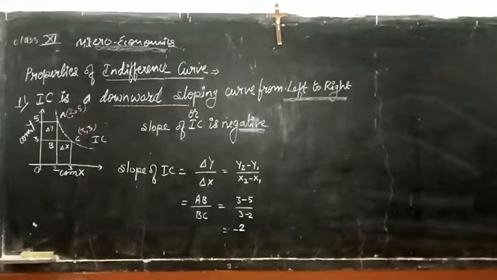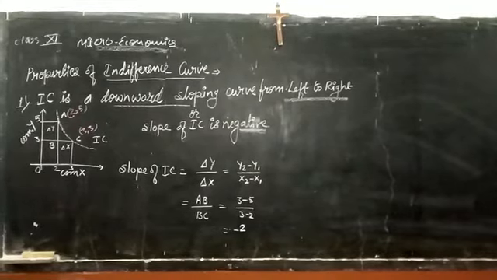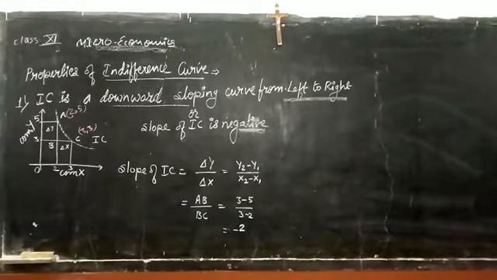So we can easily understand that the slope of the indifference curve shows that if a consumer wants to increase the consumption of X, he has to reduce the consumption of Y, because this curve shows indifferent preference. Indifferent preference means all the combinations give the same level of satisfaction. None of the combinations gives lesser or higher satisfaction. The satisfaction level remains the same.